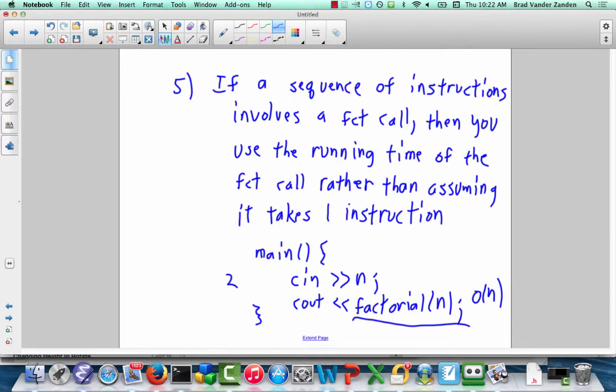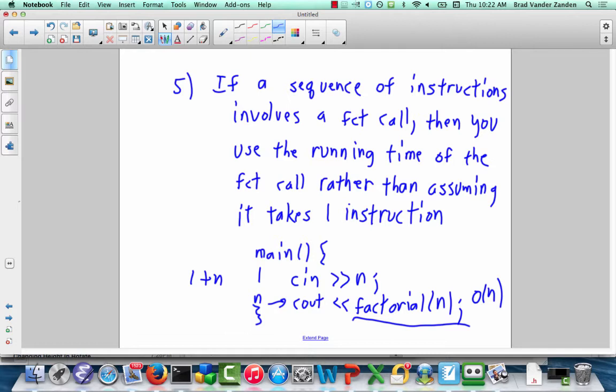So we in fact would have to say that the cost of this instruction right here is not 1 but n. So we have really 1 plus n as the running time. So bottom line, if you have a function call, you can't assume the function call takes one instruction.